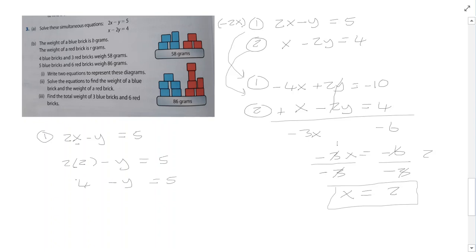Now remember again, we're trying to get the y on its own, and we have this 4 that we want to get rid of. This is plus 4, so the operation is plus, and we do the opposite of that: we minus. So we're going to minus 4 to get rid of the 4 on this side.